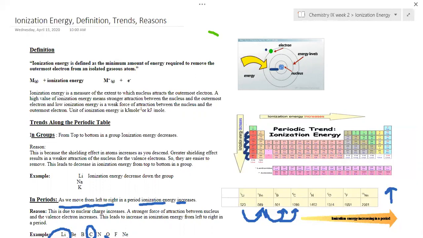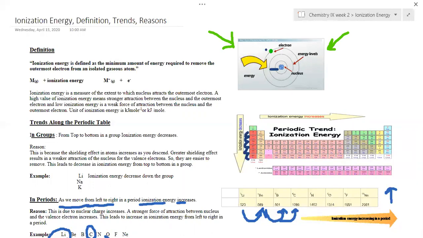See, I have selected an illustration for you over here. You have to apply energy to remove an electron from the atom. Why? Because the nucleus is pulling the electrons.